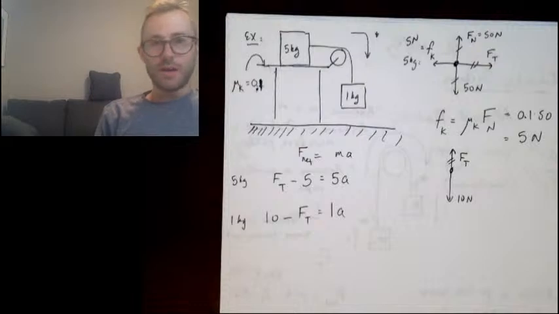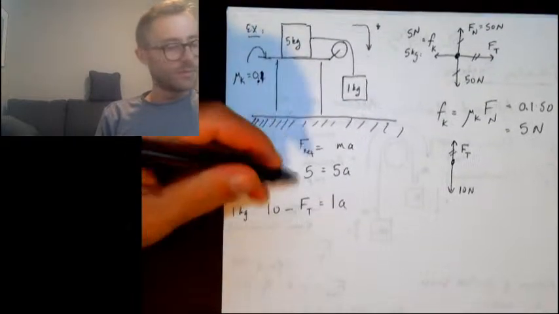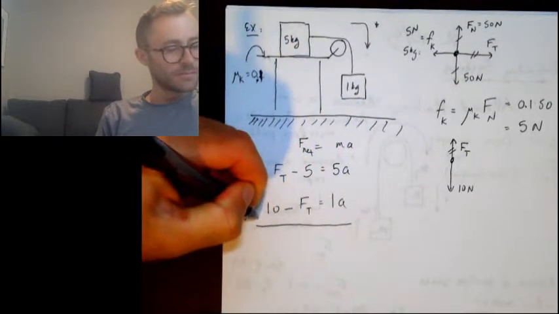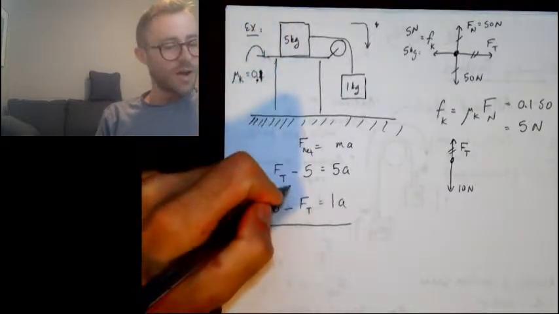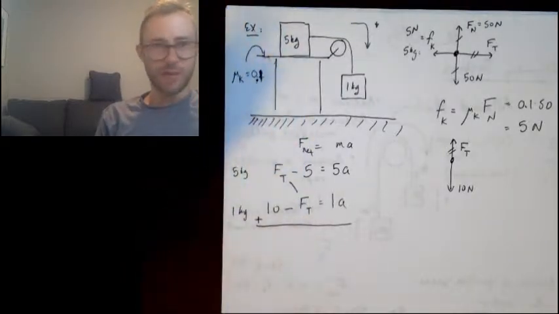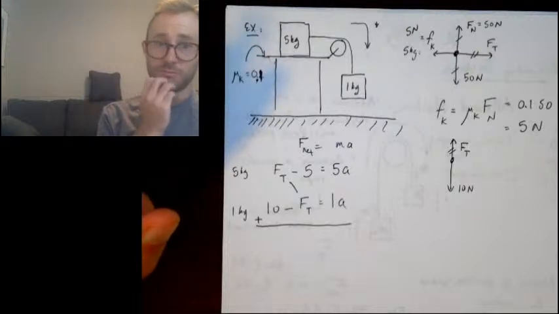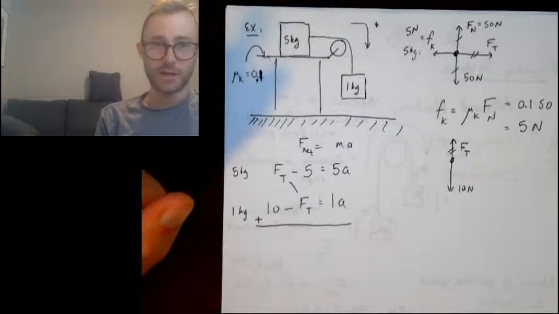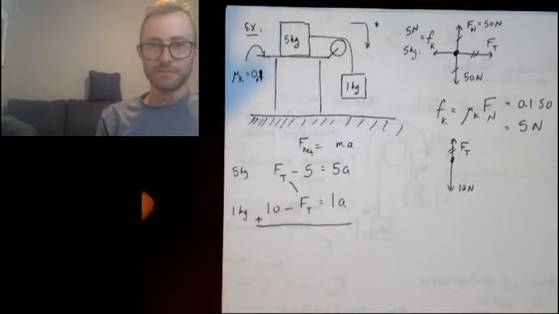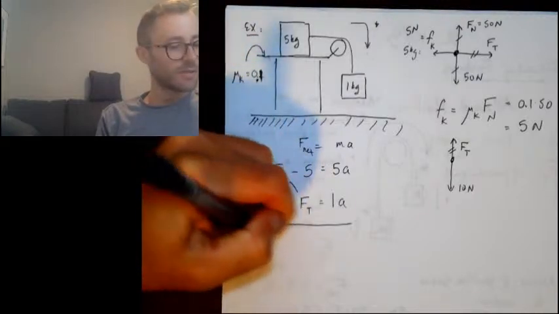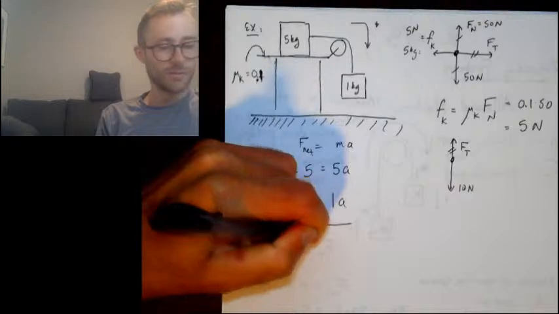All right? How do we solve this system? You want to add the two equations together, which will automatically cancel the tensions. That happens every single time with these problems. Okay? So that's why you always want to add together. And then we get 10 minus 5. So that's going to give us 5 is the net force.